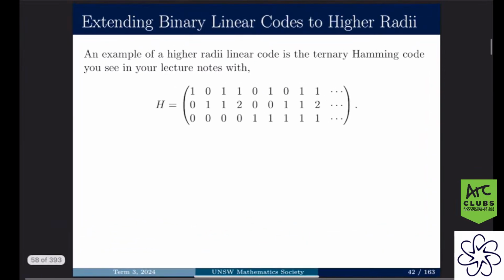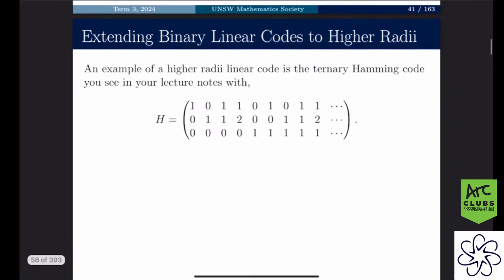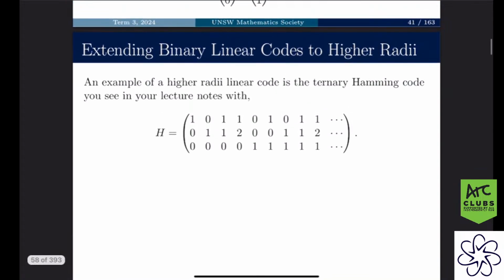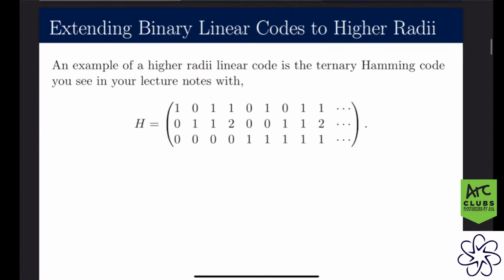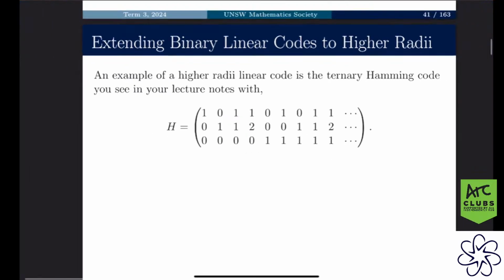Additionally, let's talk about extending binary linear codes to a higher radix. So we can see the ternary Hamming code, which is in the lecture notes. We have the column vectors as defined before, increasing in value.